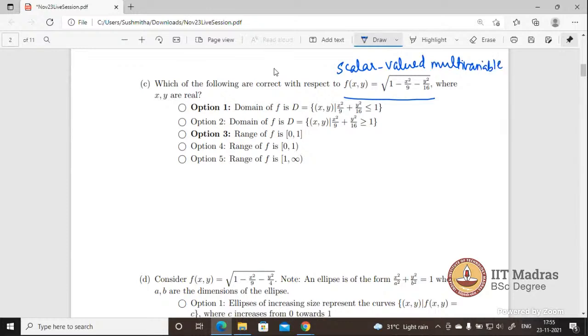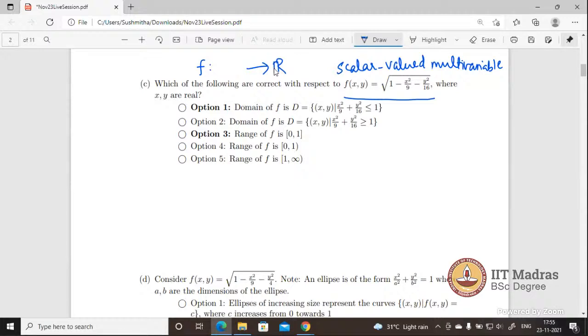Here x and y are given to be real. So what is the domain of this function? What is the codomain? R, because it is scalar valued, the codomain is R. Now let's find the domain of this function.